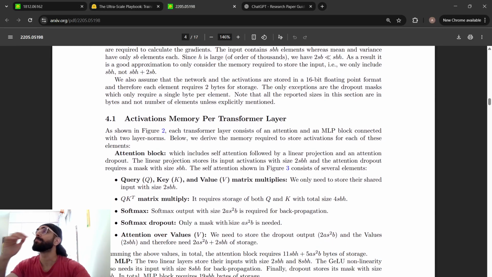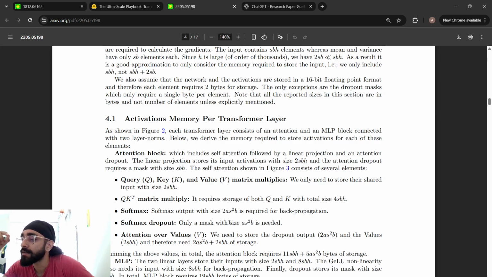So ideally you would want to save an activation which does not require a lot of space, so you don't use a lot of memory. But also, the additional computations you need to do should not be very computationally expensive.